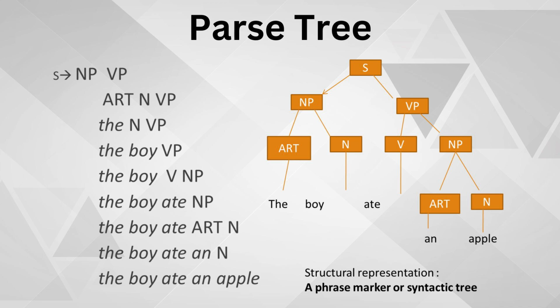Again, a noun phrase is made up of an article and a noun. So, NP is again bifurcated into two nodes, article and noun. Then article has the value the, noun has the value boy. So, using the production rules given on the left hand side, a parse tree is created, and this parse tree can generate a sentence like the boy ate an apple. This parse tree is also known as a phrase marker.